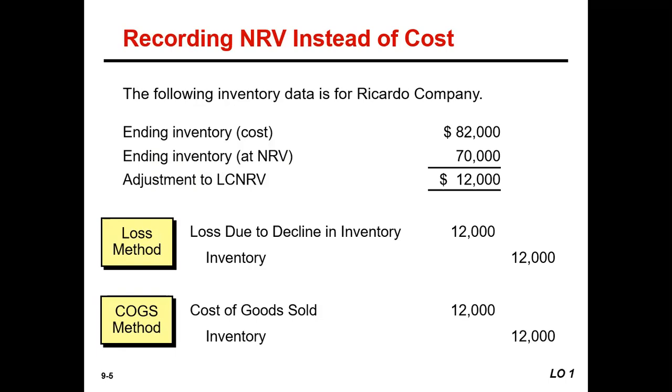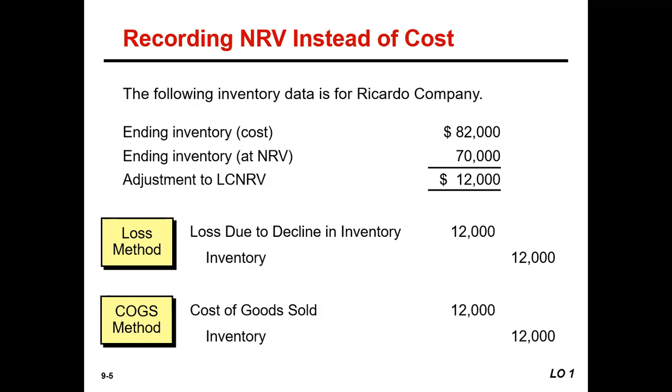Or if we use the cost of goods sold method, then we're debiting cost of goods sold instead, crediting inventory. So in both of them, we're crediting inventory, we're reducing inventory. The difference is the debit between the loss and cost of goods sold method.